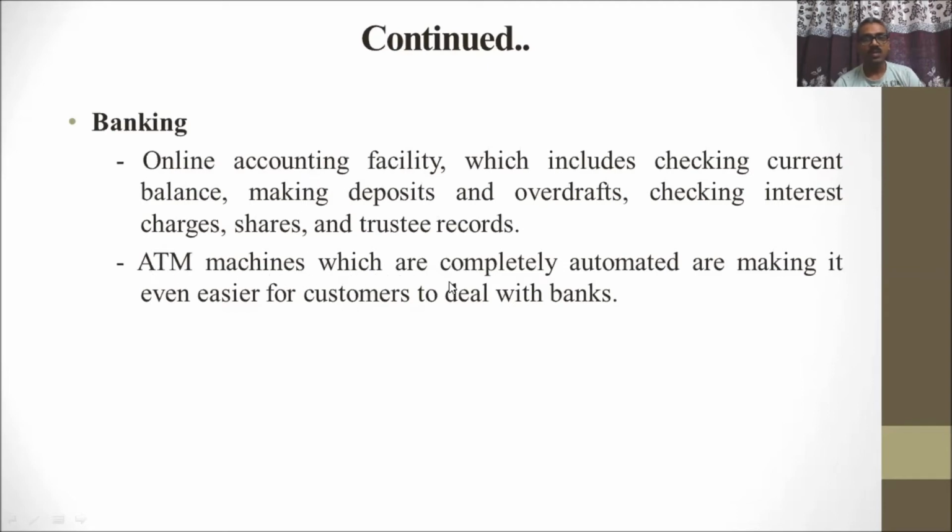ATM machines, which are completely automated, make it even easier for customers to deal with the bank. All banks operate ATMs, and maintain the ATMs, including filling cash in the ATM machine. So all operation and control of the ATM is in the hands of the bank.